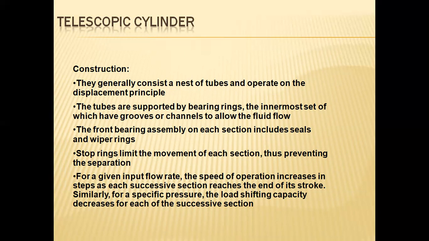This connection generally consists of nested tubes and operates on the displacement principle. These tubes are supported by bearing rings, the innermost of which have grooves and channels to allow fluid flow. The rings limit movement at each section, and thus prevent separation as well.